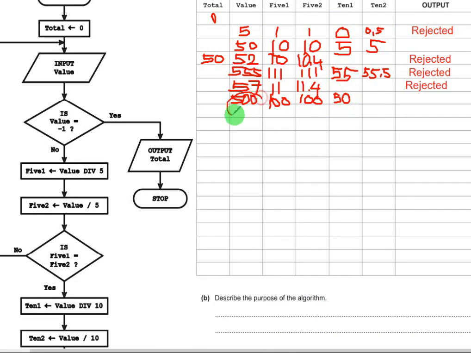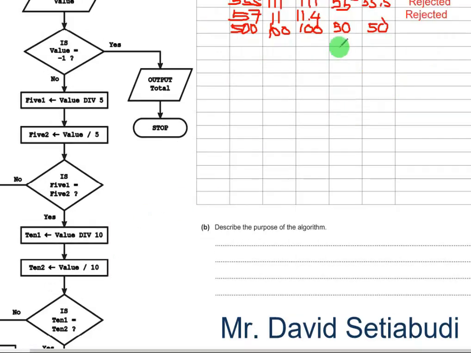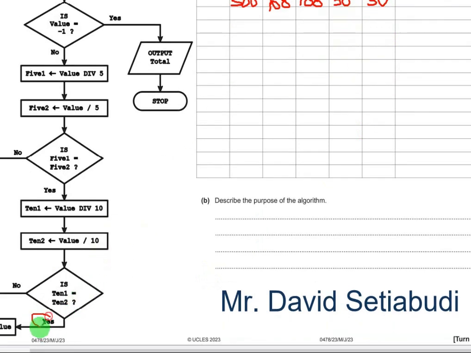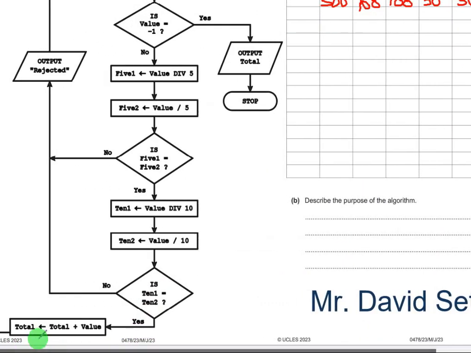The regular 500 divided by 10 is also 50. So are 10 1 and 10 2 the same? Yes, 50 and 50. So when it's the same, it goes to yes, and it will create the total.